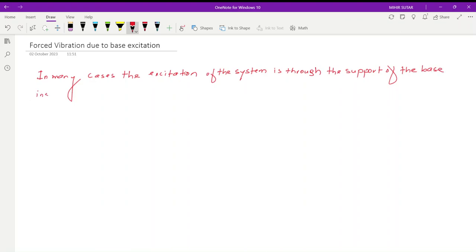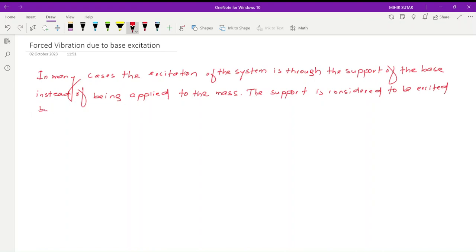Instead of being applied to the mass, the support is considered to be excited by a regular sinusoidal motion.